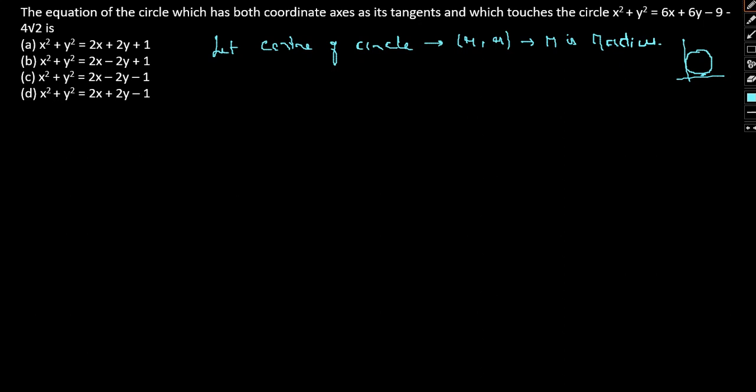Okay. And the second circle's center is simply 3 comma 3. This we can get from 2g and 2h, so 3 comma 3, and the radius would simply be 2 root 2 minus 1. From the given equation we can actually figure that out.